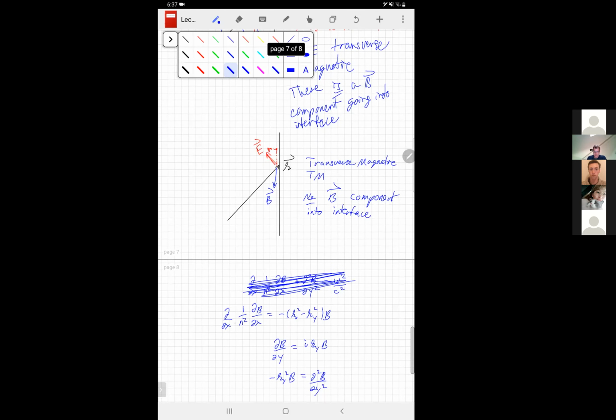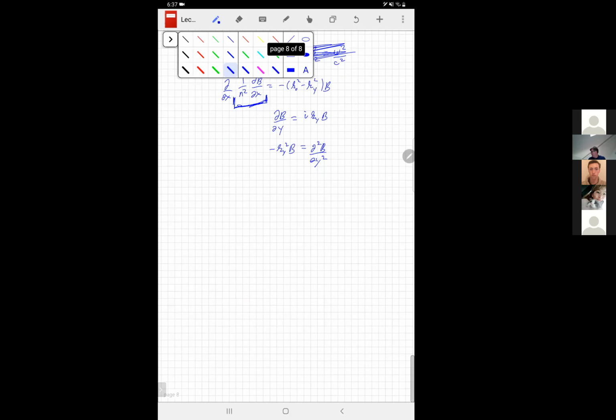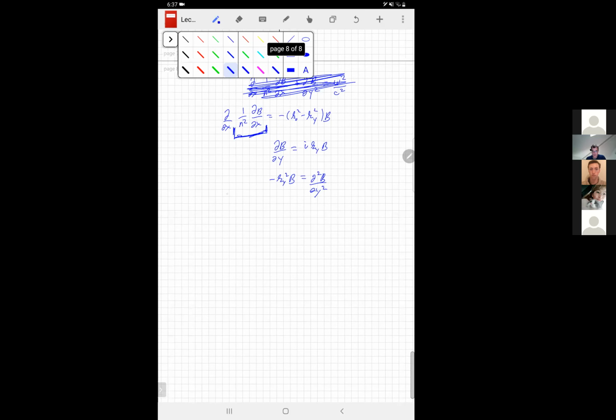Because this is the thing that we have to take the derivative of with respect to x. And when we get to x equals 0, this is the thing that could be discontinuous if we aren't careful, if we don't impose a condition. So 1 over n squared times the derivative with respect to x has to be continuous.